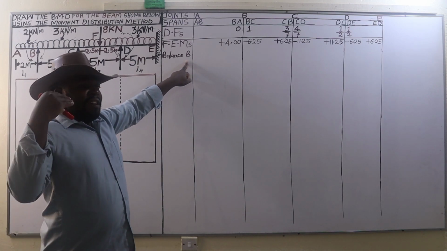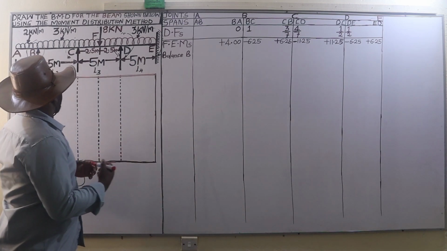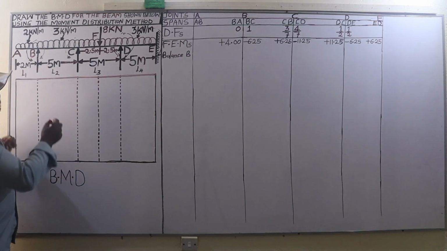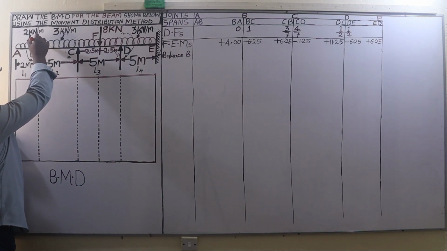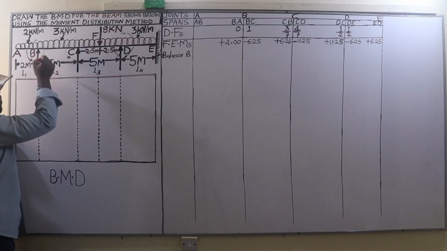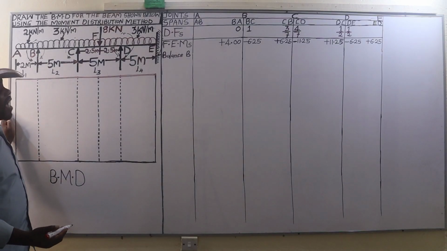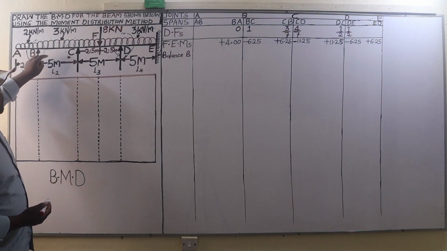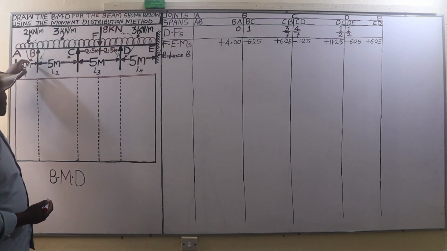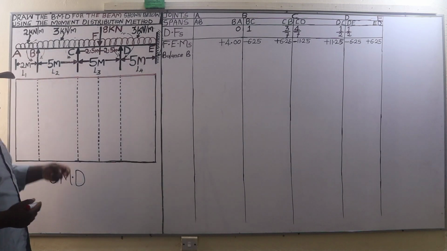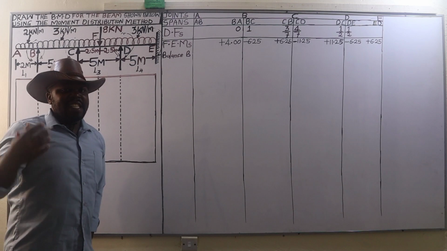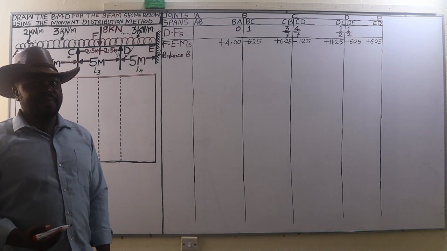And remember, we are balancing because the sum of anticlockwise moment and clockwise moment is not equal to 0. And for a joint to be balanced, the resultant of their sum must be 0.